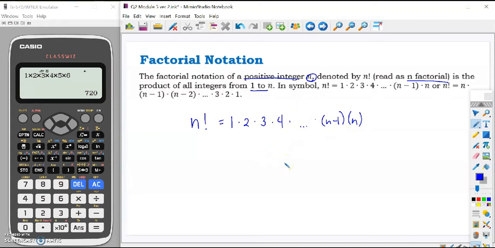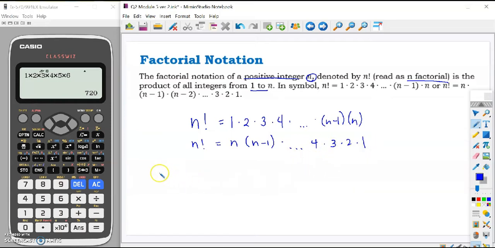But there is this property of multiplication in which even if you rearrange the order of the factors, the answer will still be the same. What is that property? That is the commutative property of multiplication. Because of the commutative property, we can rearrange the factors. So n factorial is the same as n times n minus 1 and so on until 4 times 3 times 2 times 1, depending on the value of n, of course.